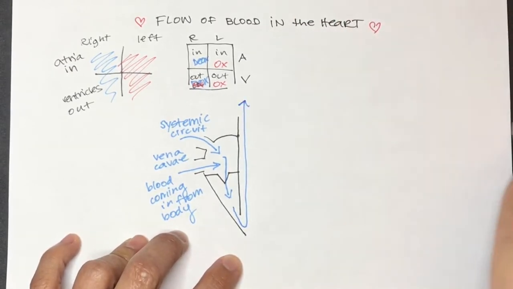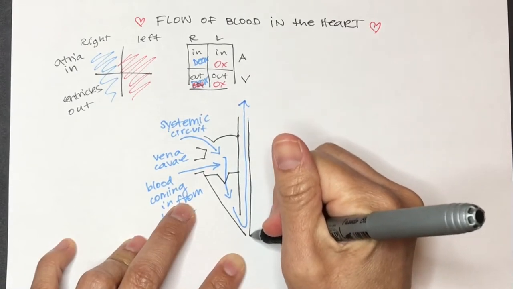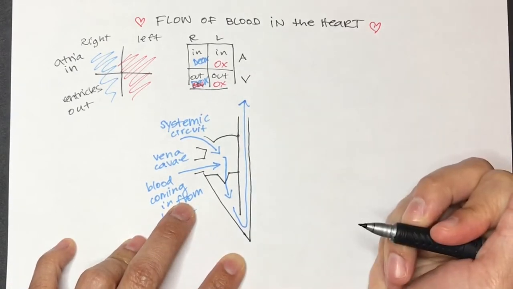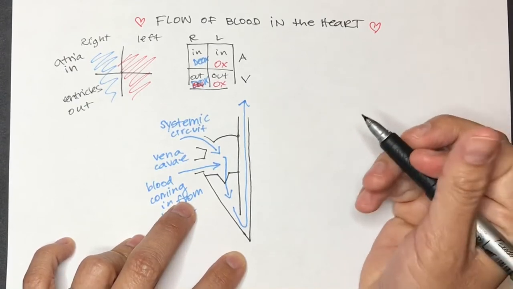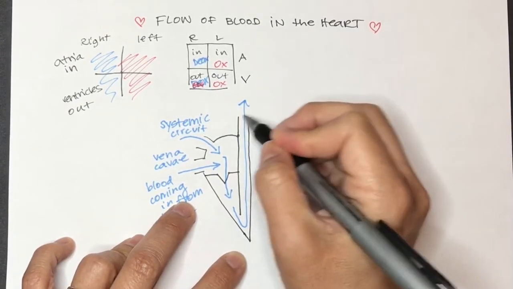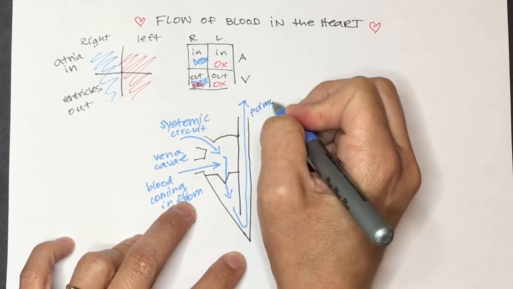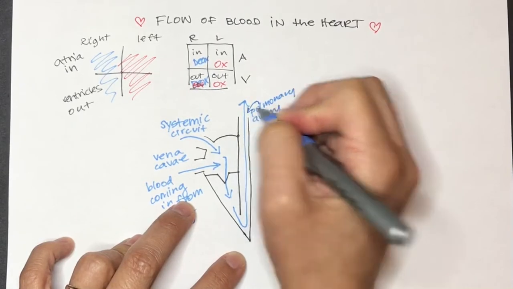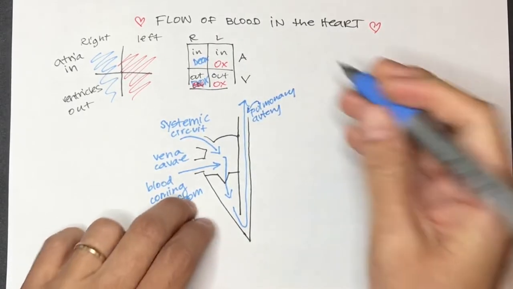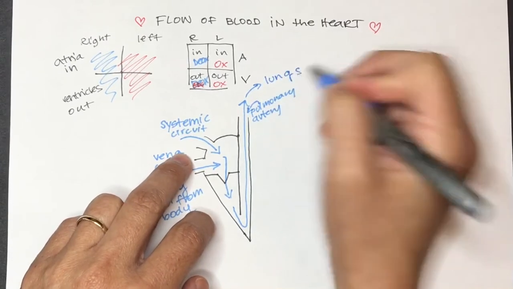So it's going to go back out to the lungs, through the pulmonary artery. That's what we're looking at right here, the pulmonary artery. That's this one there. And so this blood is going out to the lungs.